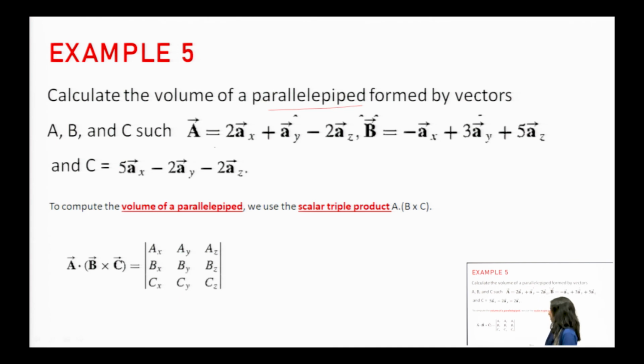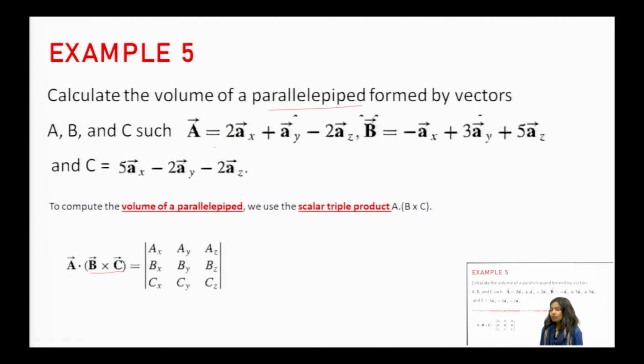As for example, here we have three vectors A, B and C. So the scalar triple product is A dot B cross C. We need to take the cross product of B and C, and after that we do the dot product of the first vector with the resultant vector of B cross C.